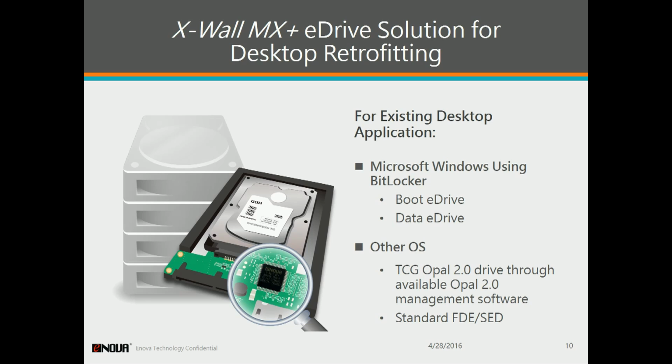So your existing desktop can be converted into a Microsoft eDrive using BitLocker and serving as a booting or data drive, or for other operating systems such as Macintosh or Linux. You can do an OPAL drive only, or a full disk encryption drive, as simple as that.